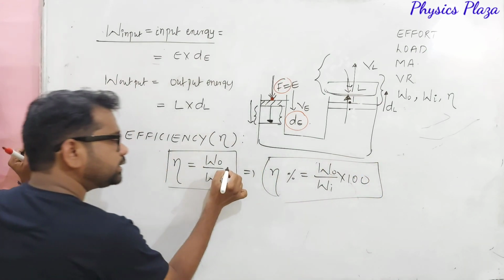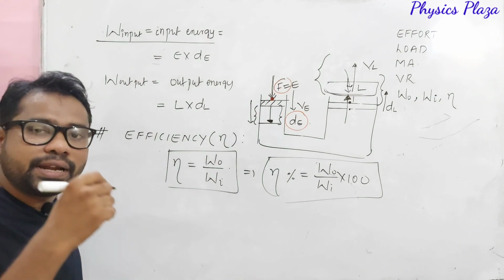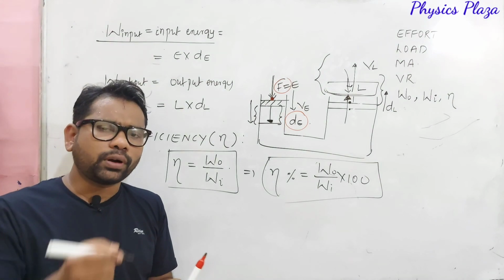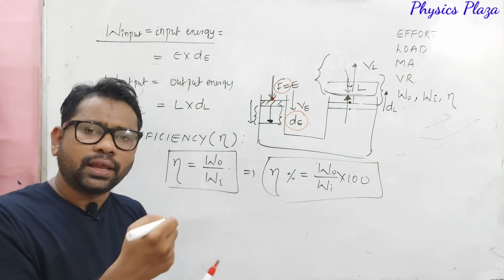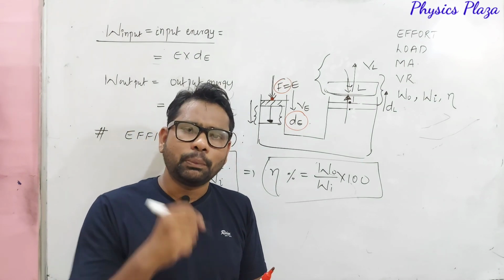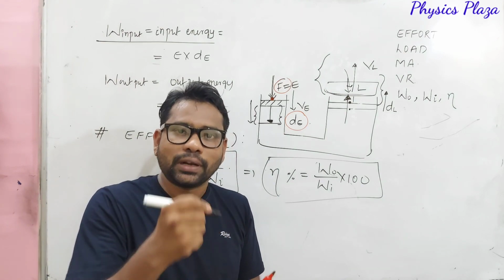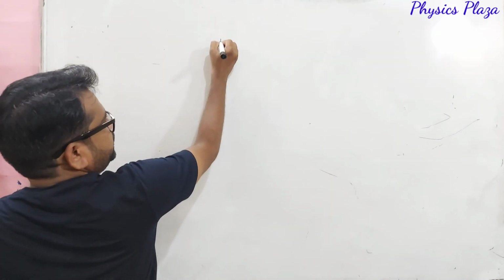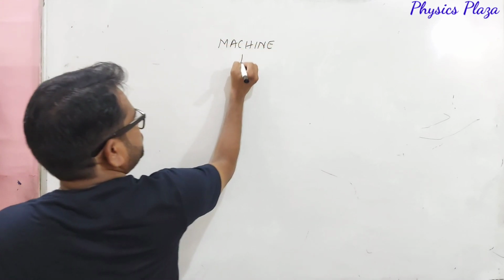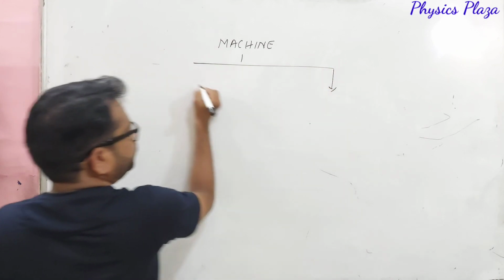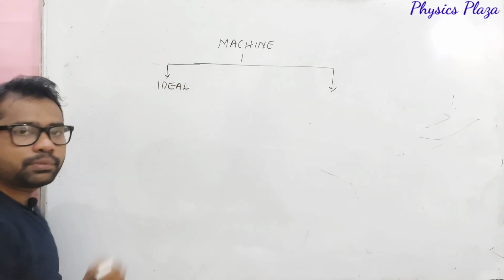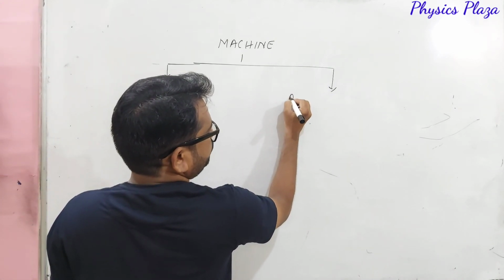So dear children, based on this, now we are going to discuss the differences between an ideal machine and a practical machine. Why is an ideal machine better than an actual machine? But is it possible to construct an ideal machine or not? Let us discuss now. Machines can be of two types: one is the ideal machine, and the next one is the practical or actual machine.